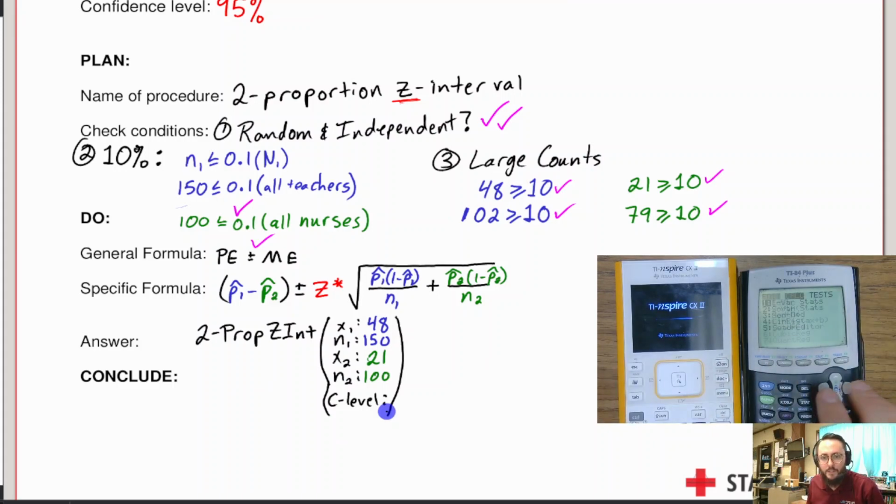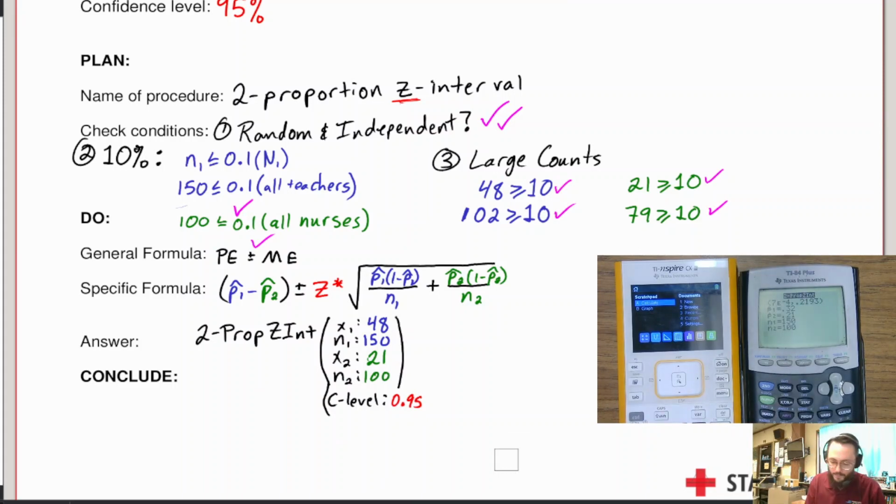We go to Stat, Tests, and scroll down to line B, 2-prop z interval. x1 was 48, n1 was 150, x2 was 21, n2 was 100, and our confidence level was 0.95, which I forgot to put on here. Thank you all for letting me know.